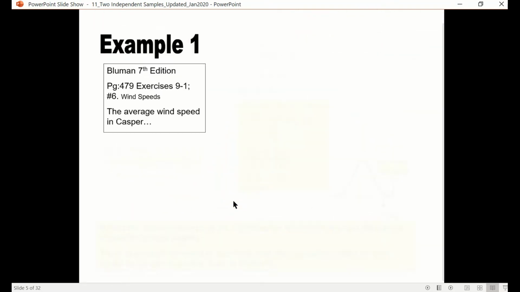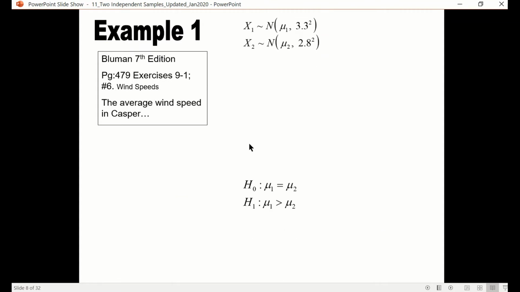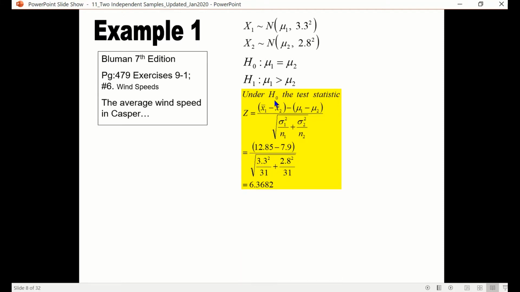In testing the hypothesis, we are interested in knowing whether one mean is greater than the other, and this is how we set our hypotheses. Under the null hypothesis, the test statistic will be 12.85 minus 7.9 divided by the standard error, given by the square root of 3.3 squared divided by 31 plus 2.8 squared divided by 31, and you'll find that the test statistic Z is 6.3682.